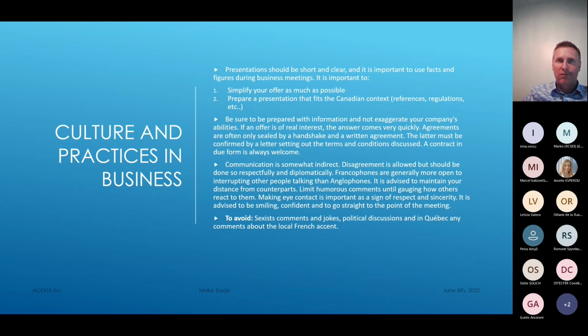It's not very common to do sexist jokes, at least in a business environment. Avoid any joke, especially if you come from France or the UK, joke on accent or expression from the French language or the English language. That can go sideways as well sometimes.